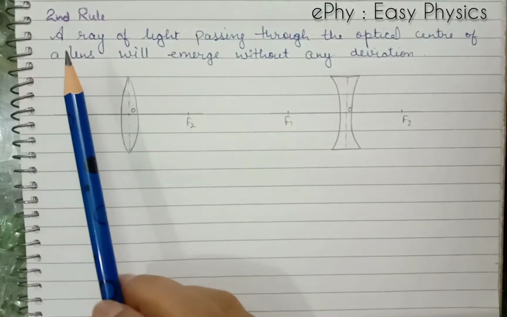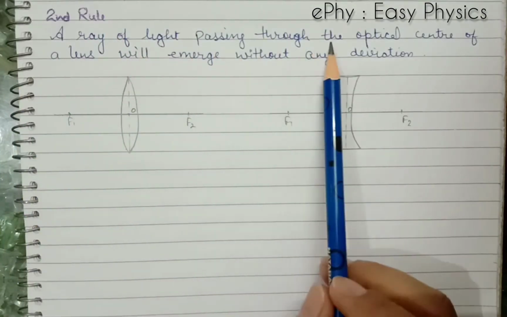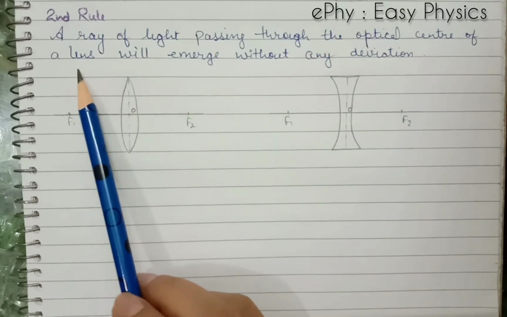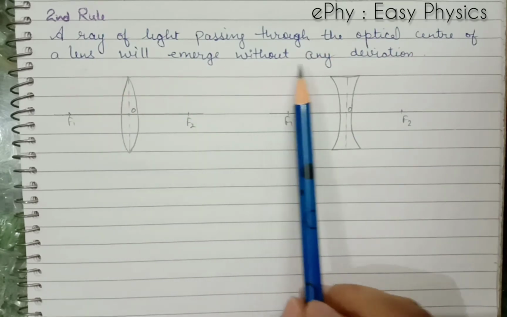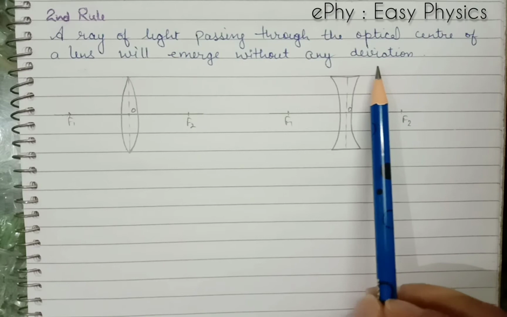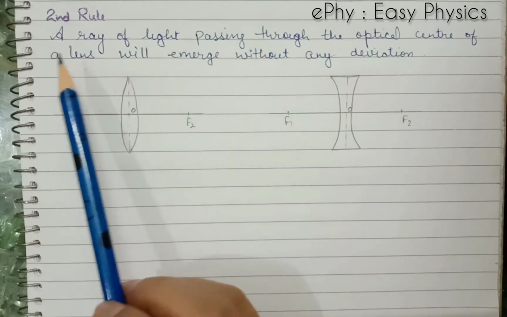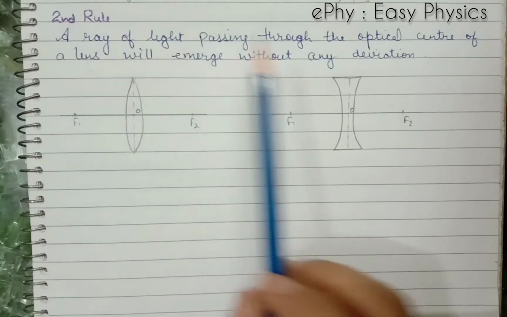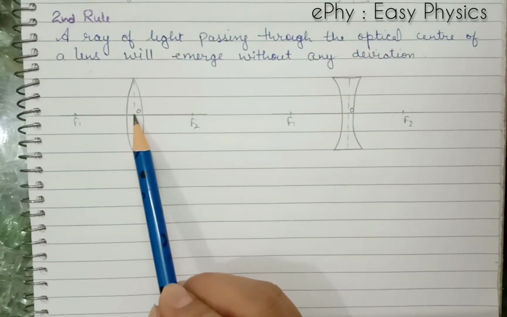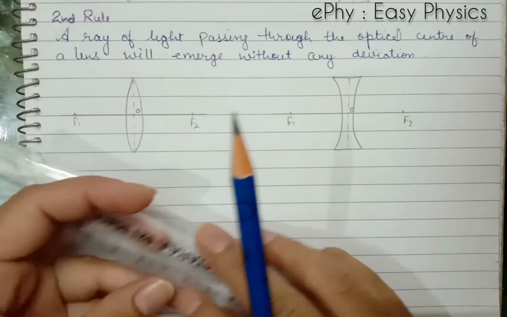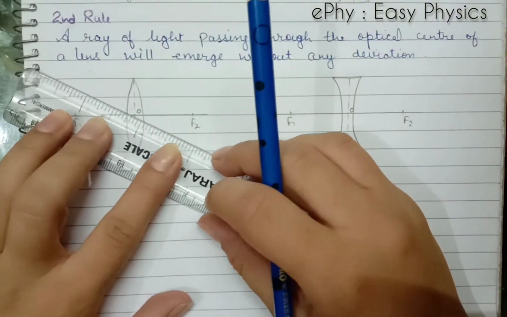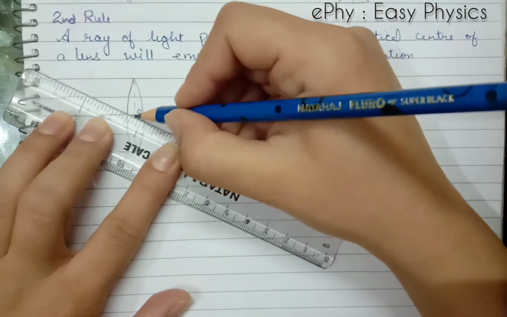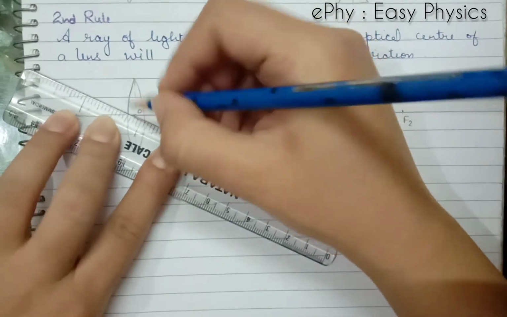The second rule says a ray of light passing through the optical center of a lens will emerge without any deviation. This rule is true for both the lenses, convex and concave. Any ray of light which is passing through the optical center will emerge without any deviation. That means it will not change its direction while passing through the optical center.